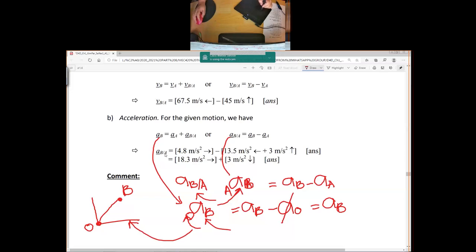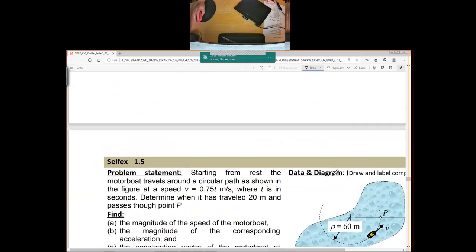And here, a person at A, maybe here is point A, here is point B, a person at A is looking at point B. So you have here point O. Okay, any question?